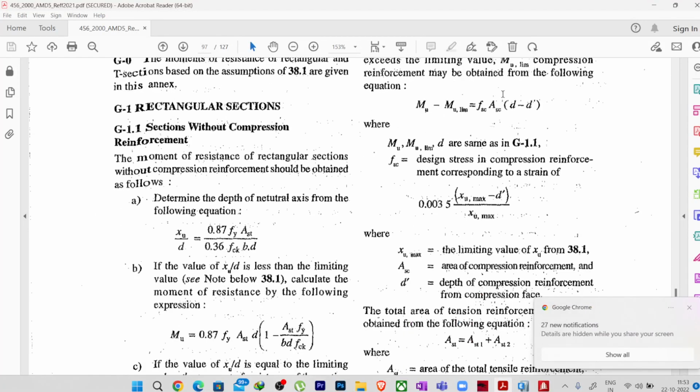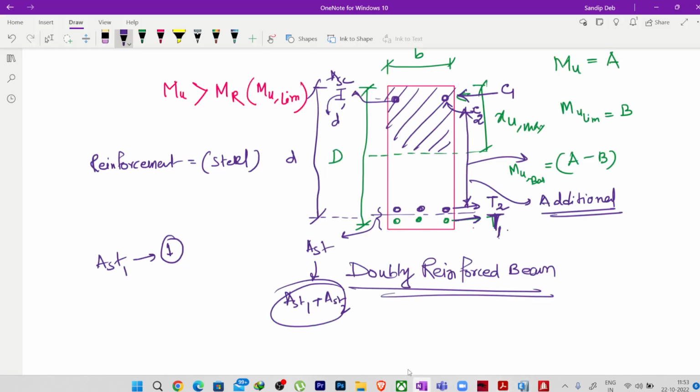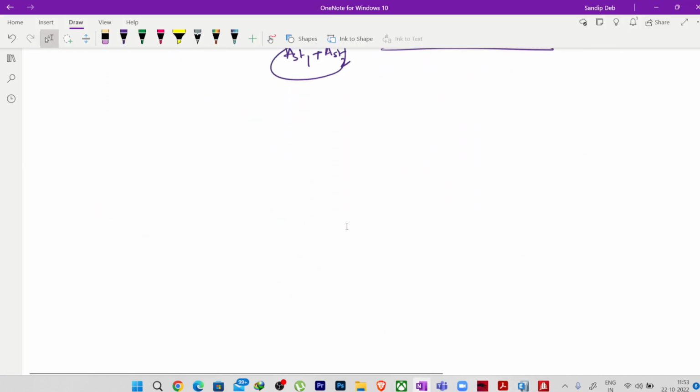So basically what you are doing here, so this FSC, as we know, where is this? Okay, so we had the Mu balance, and this needs to be resisted by the compression reinforcement at the top and the tension reinforcement at the bottom.